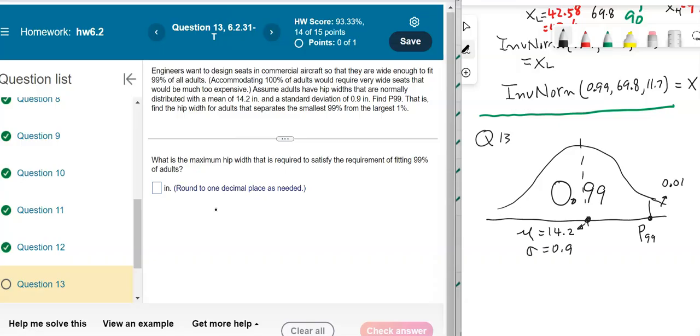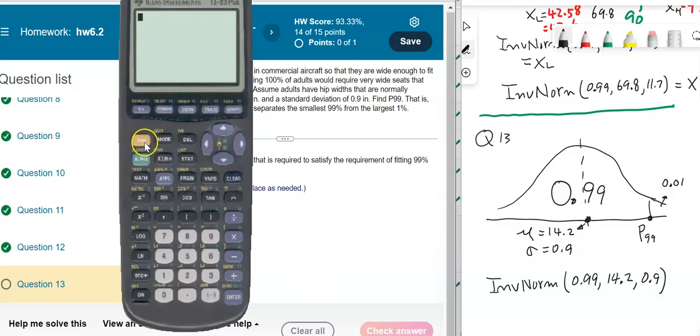To do that, we use inverse norm, 0.99, 14.2, 0.9. So the maximum hip width is that. Go to inverse norm, then 0.99, comma, 14.2, comma, 0.9.